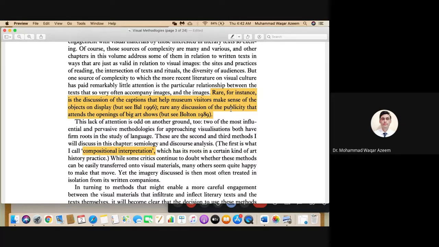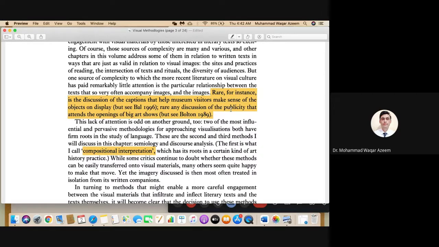Because the impression that we have when we are watching a film or a painting is that it is the painting which is meant to be watched, or the film which is meant to be watched, right? So watching a film or viewing a painting almost automatically means that we don't need to read anything. Both of those media seem to be meant to be watched only.